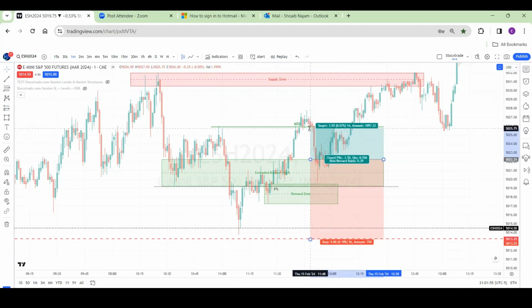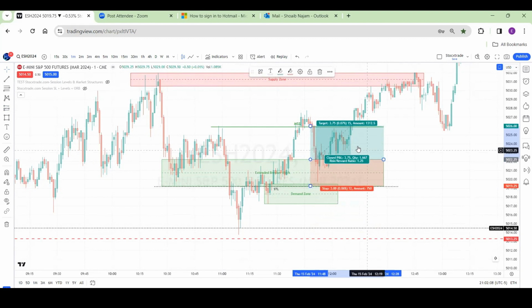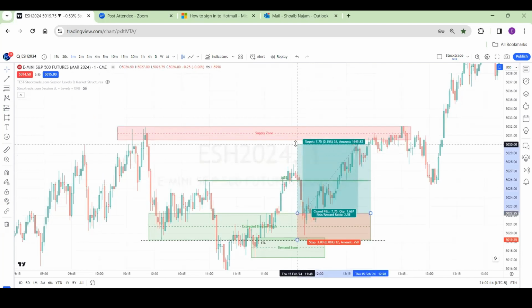Your target is here. It is less than 1:5 even. If you are taking the profit here, at least you need to get out at the structure, because this is 1:1.25. At least 1:1. Okay, but your plan is to get out here, with at least 1:2.75.